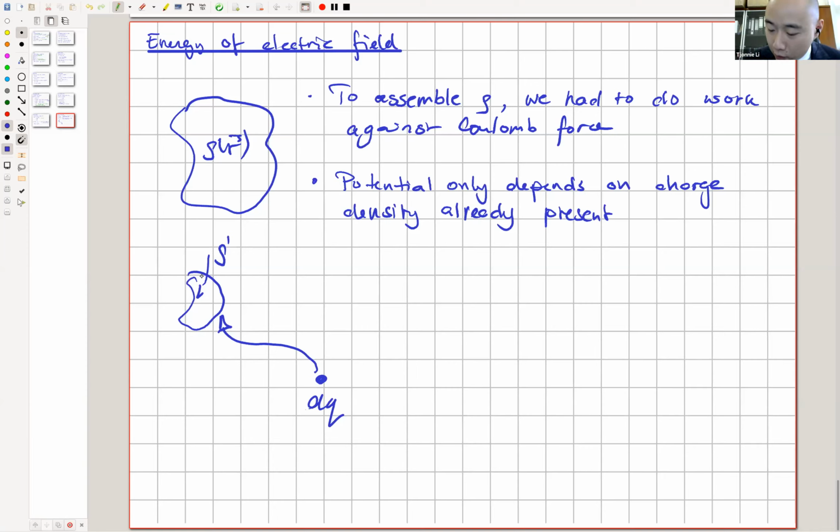The other thing, of course, is to recall that the electric field is conservative.